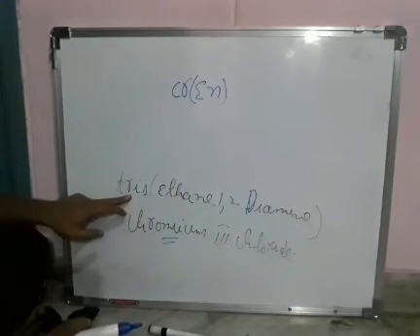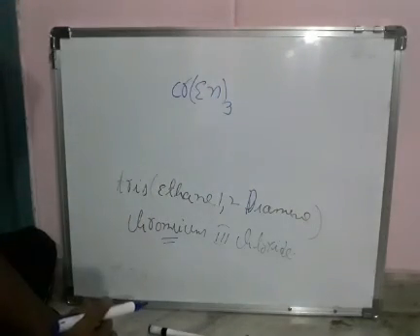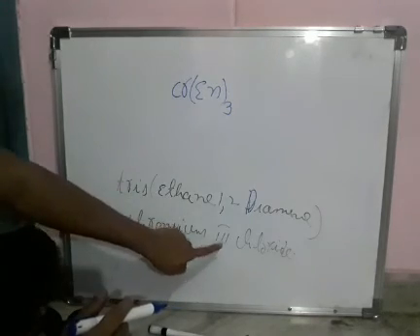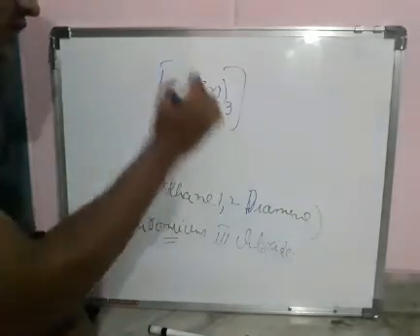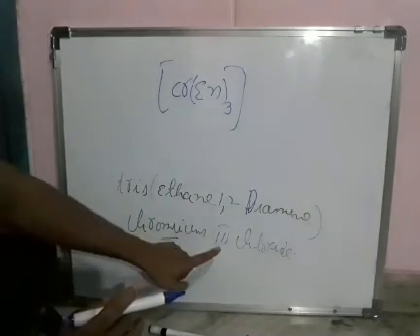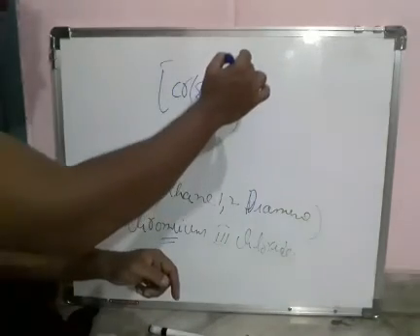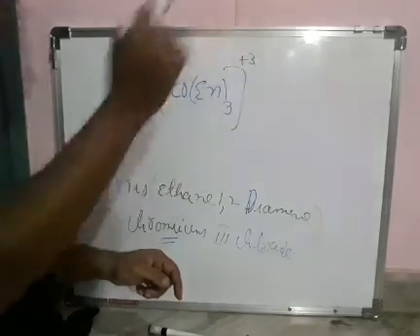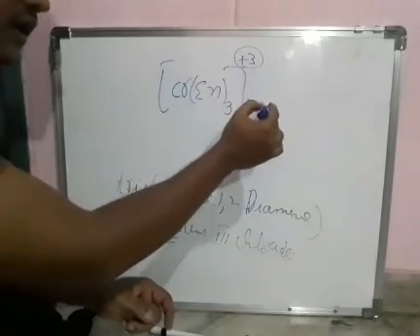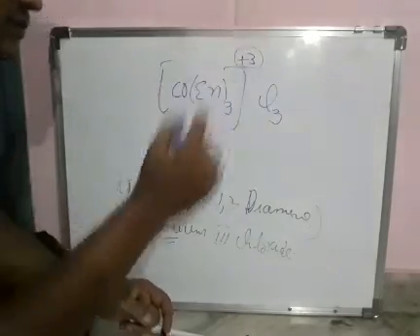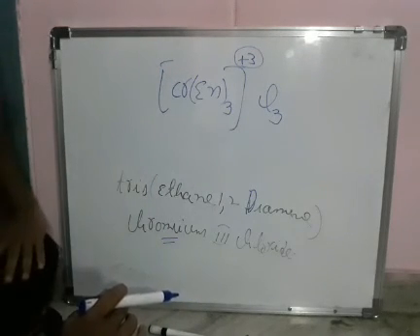A tris is present in the prefix, so it should be represented as 3: Cr(en) thrice. And chromium 3, en is a neutral ligand, so it should be represented in square brackets, and since chromium 3 is there and the ligand is neutral, the coordination sphere charge is +3. And chloride, in order to satisfy this charge, Cl3 must be mentioned. So that is the formula of this IUPAC name.